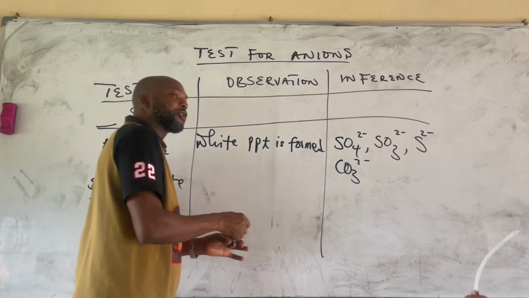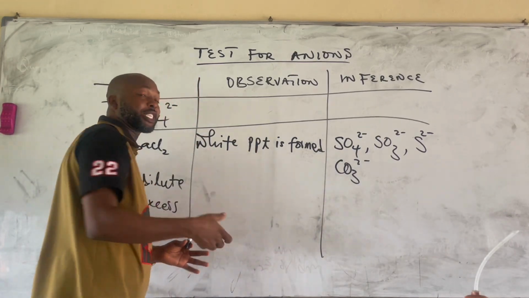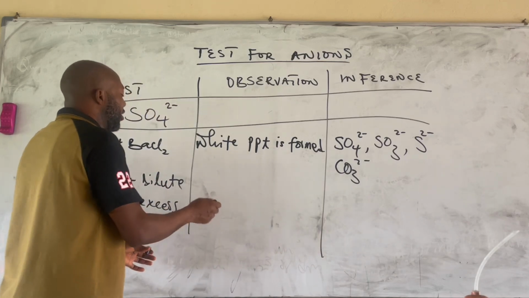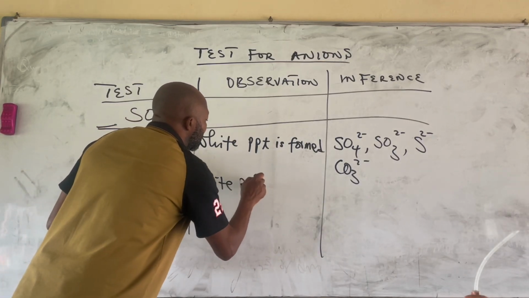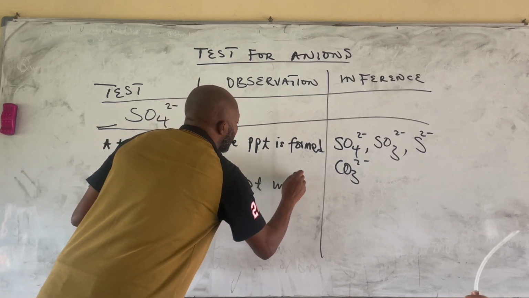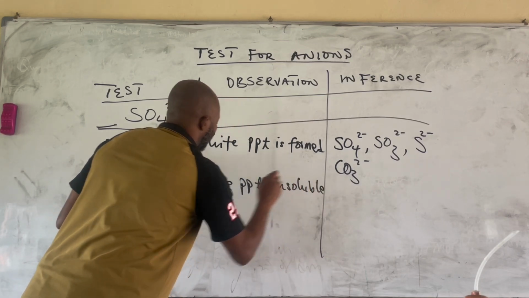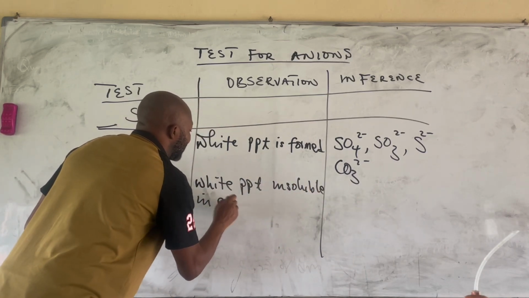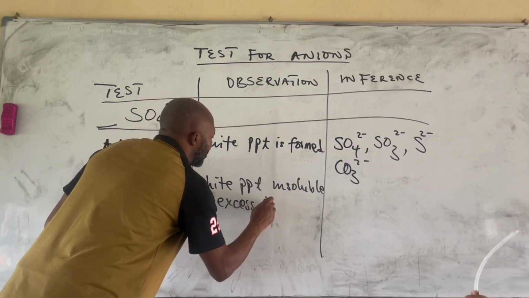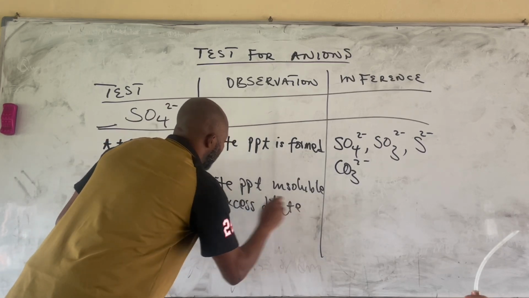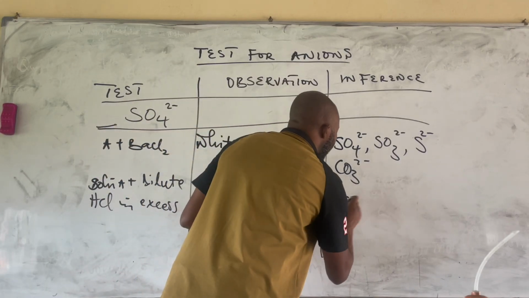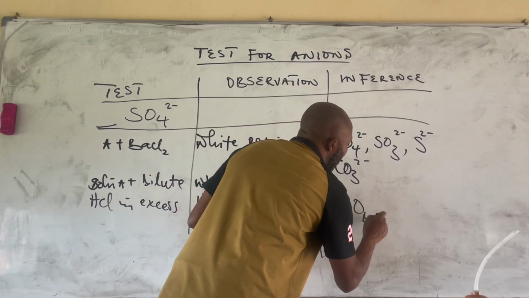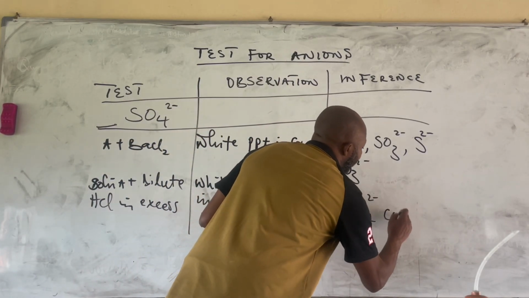When I add dilute hydrochloric acid to that solution which I have formed, the white precipitate is insoluble in excess dilute hydrochloric acid. Then I will come here and say SO4 2 minus confirmed.